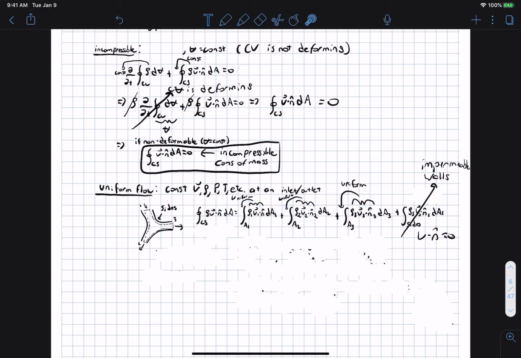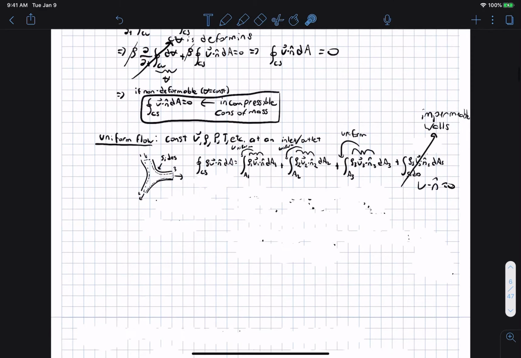In general, you may have, say, surface 1 uniform, but maybe surface 3 non-uniform, so you can only apply this to a certain subset of surfaces. In your homework, I expect you to start from here.